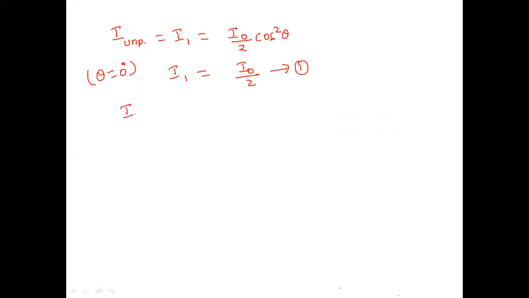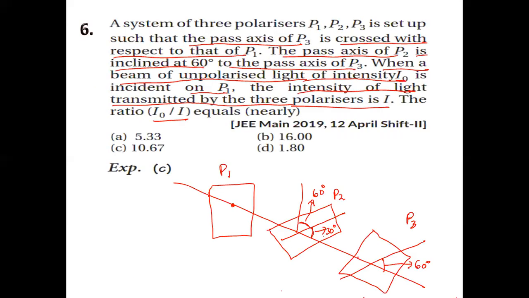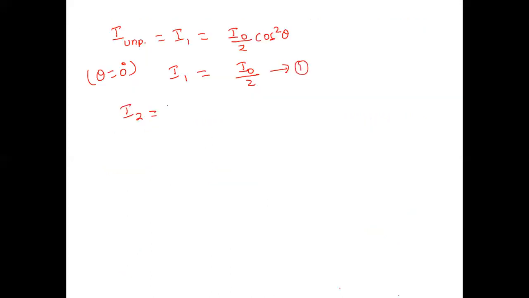Now, on the second polarizer, the emitted light I2 is the intensity of this one here. That is nothing but I1 times cos square 30. I1 means I naught by 2, cos square 30 I can write as 3 by 4.